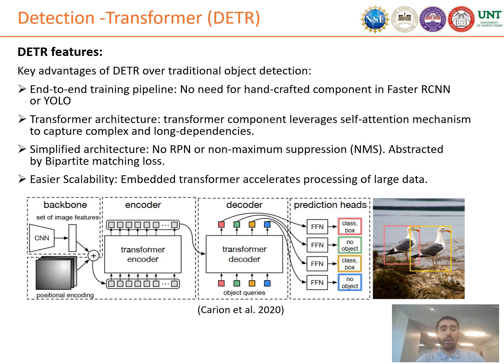So DETR has several key advantages over traditional object detection. First, there is no need for handcrafted components, such as what was in Faster R-CNN or YOLO. Therefore, it enables us to come with an end-to-end training pipeline. Second, transformers benefit from the self-attention mechanism.